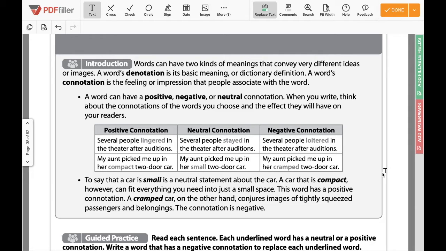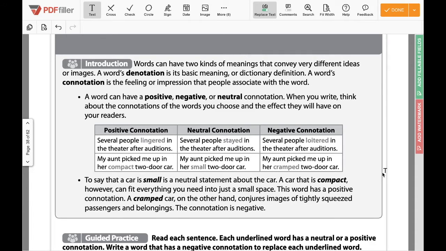So when it says compact car, compact is just a type of car, a nice car, nothing wrong with it, so it leaves a positive connotation. Lingered is like people are enjoying themselves, they're hanging around, right? So it leaves a positive connotation and a positive understanding of what's happening.